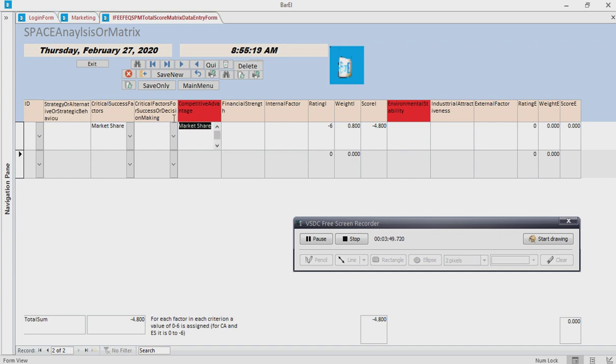Let's say an internal factor: strategy competitive advantage.